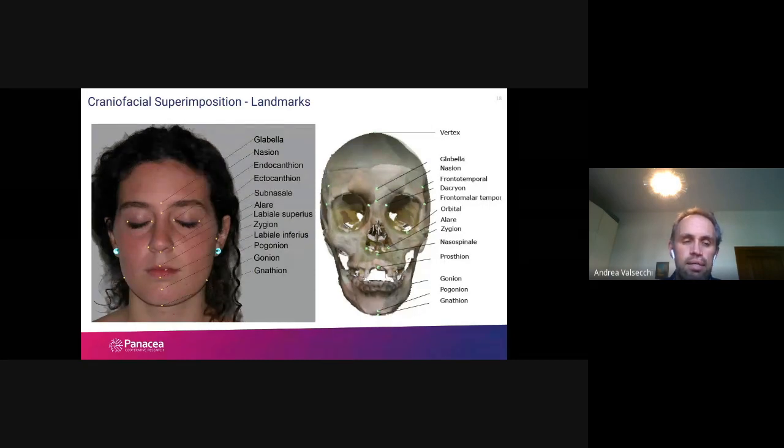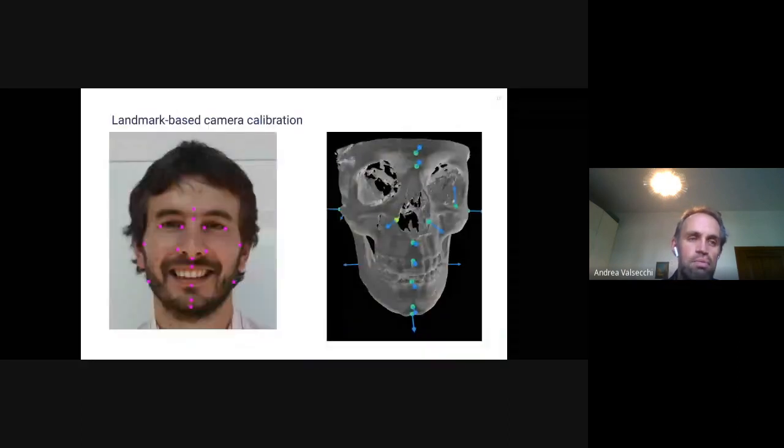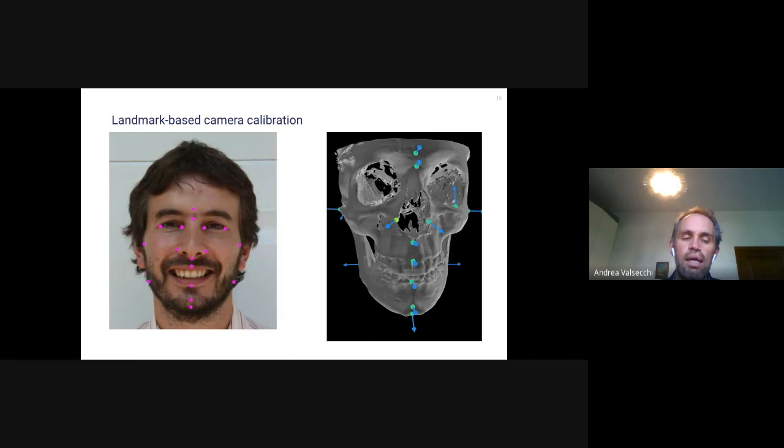These are reference points that can be located on both a picture of a face and the 3D mesh of the skull. And we know that if the superimposition is correct, those points need to align. They do not align exactly. We need to take into account that they are separated by soft tissue, but there are ways to take that into account.